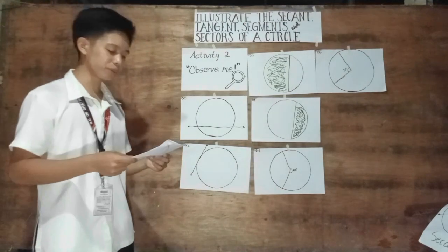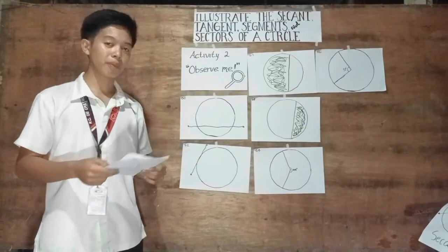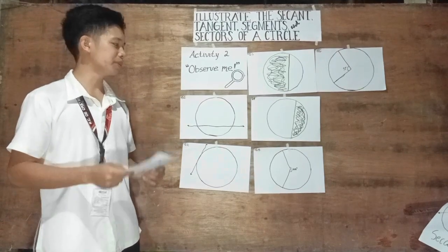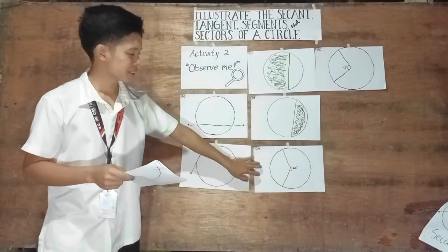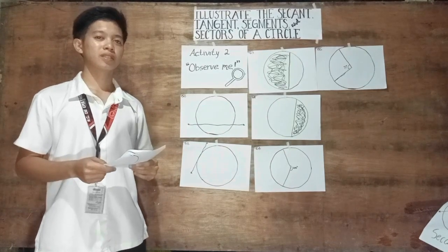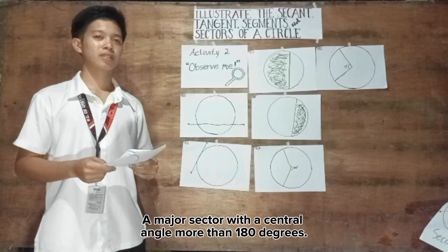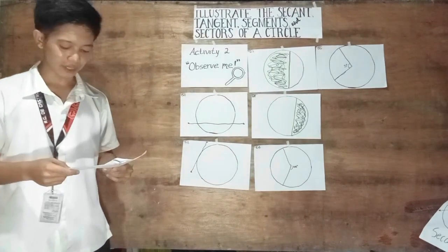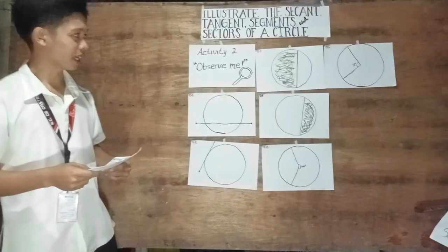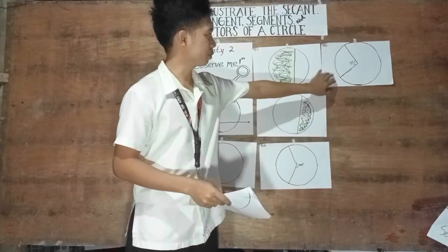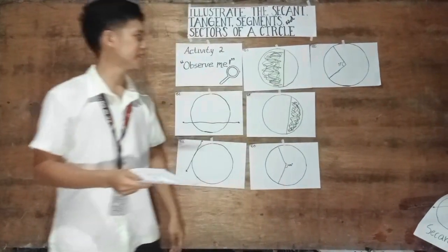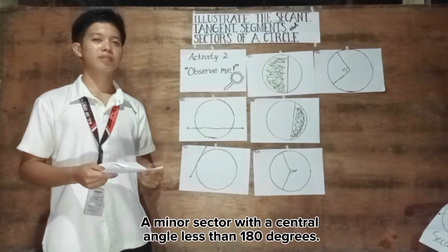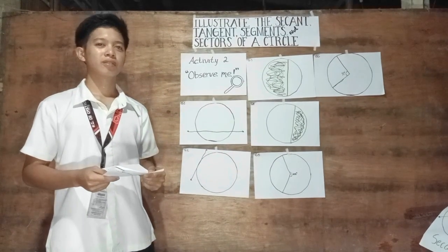For group number 5, Miss Matabird, based on your group observation, how will you define major sectors? A major sector has a central angle more than 180 degrees. Okay, that's good. And for group number 6, Miss Gueta, how will you define minor sector? A minor sector has a central angle less than 180 degrees.